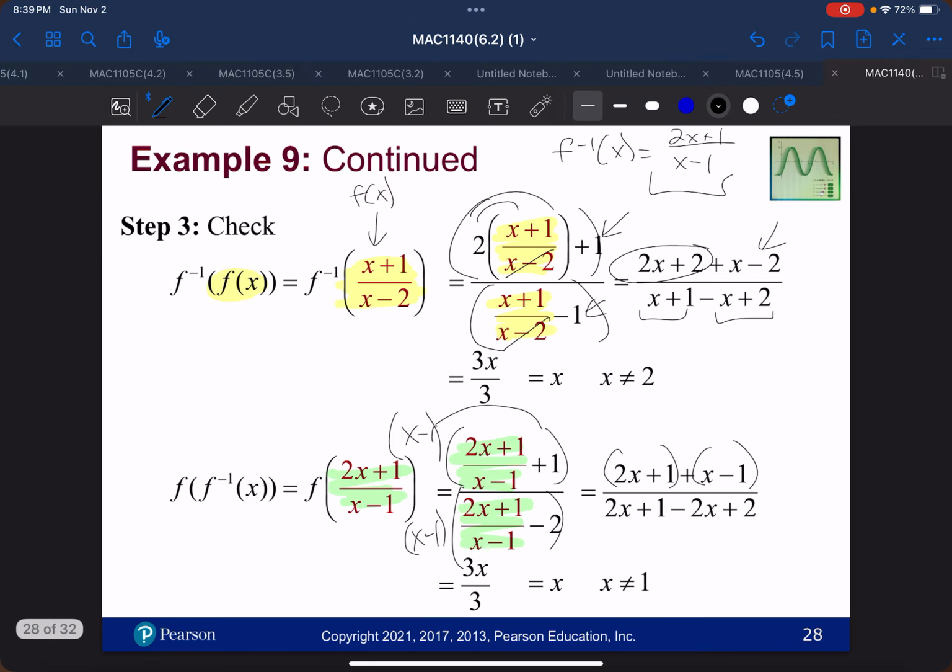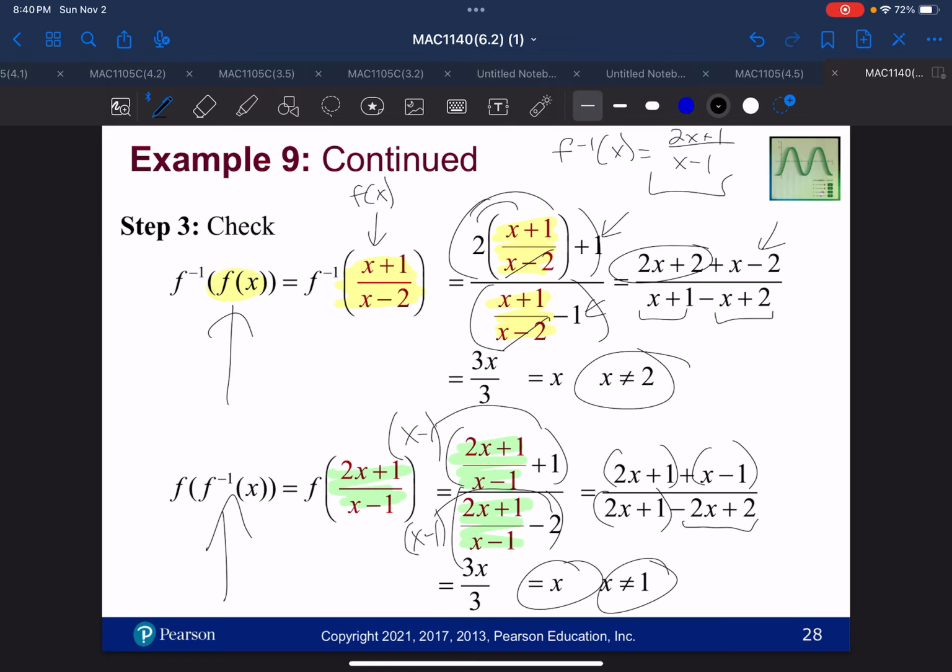On the bottom, it cancels with the first fraction, leaving us with 2x plus 1, and then we distribute it to the negative 2, and we get that. Combine like terms, and we get x. So for both of them, we do get x, and when we plug in the inverse here, remember x cannot equal 1, and when we plugged in f of x here, x cannot equal 2.